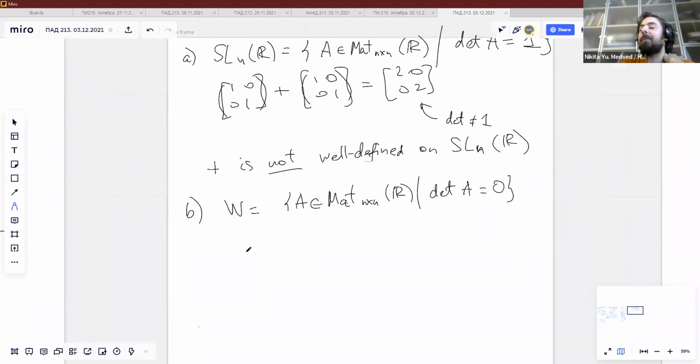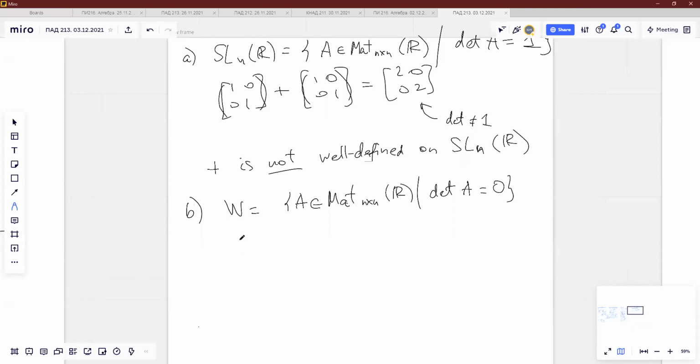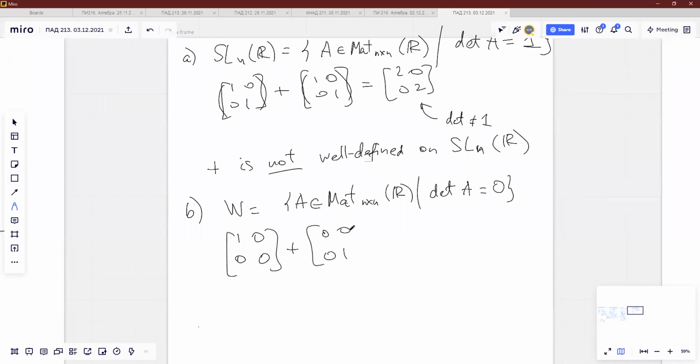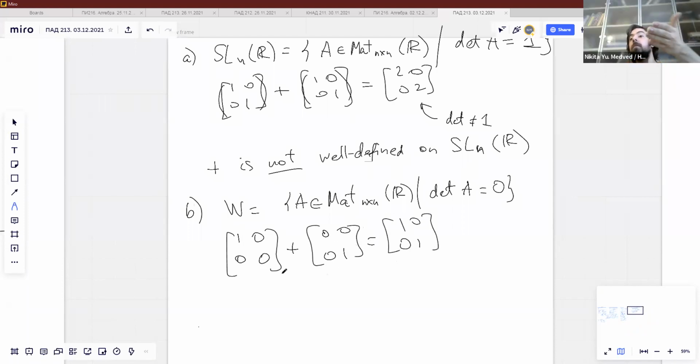Yeah, because for example, if we are taking a 2 by 2 matrix, you can just write 1 0 0 0 and 0 0 0 1. So it will have determinant 1. So very good. This is again a popular counterexample. You can add matrices with determinant 0 and get something with determinant non-zero.